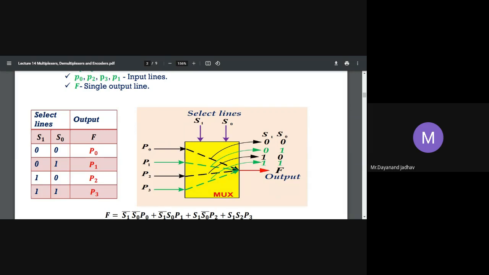See here, this diagram shows a 4 to 1 mux. Four inputs are there: P0, P1, P2, P3, and two select lines S0, S1.